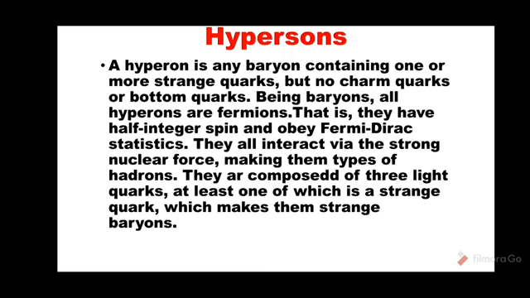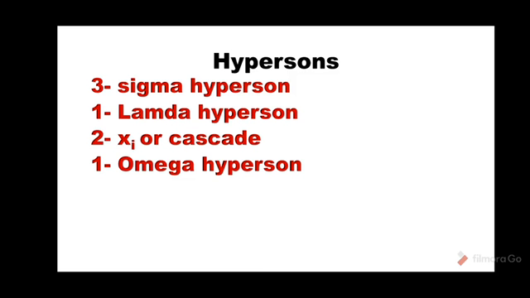They are composed of 3 light quarks, at least one of which is a strange quark, which makes them strange baryons. So this hyperon is a baryon, and because it's a baryon, it belongs to a boson. But because of its spin, which is half, some of them we can also liken to be fermions.